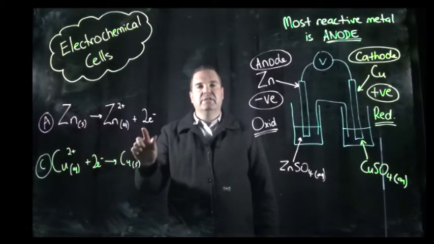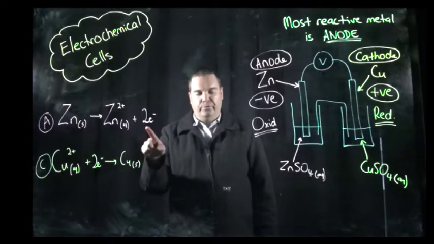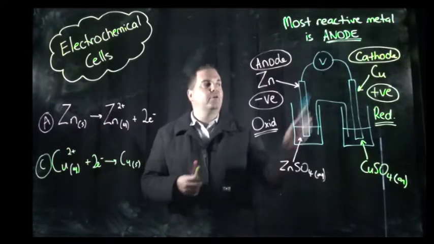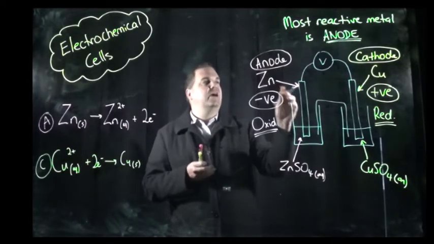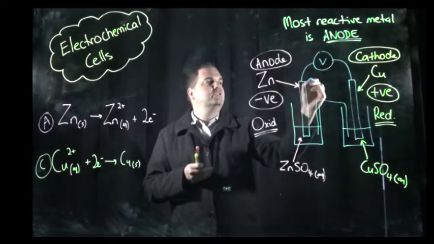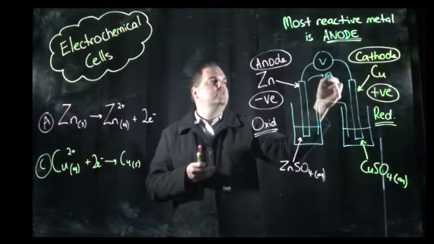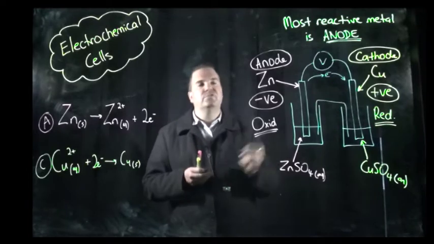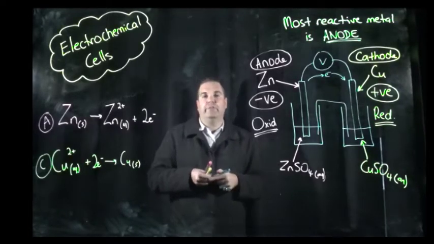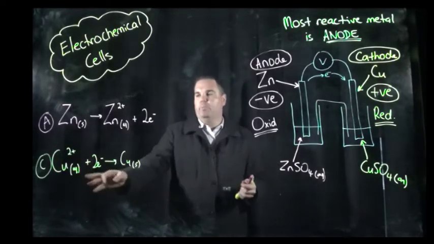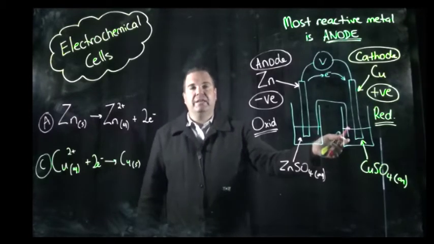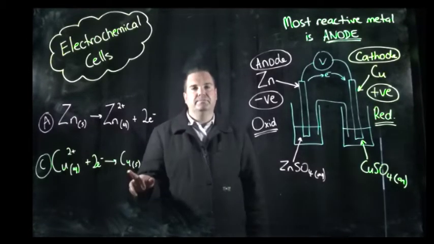The zinc is losing electrons. Those electrons travel through our external wire, flowing from our anode over to our cathode through the external wire in the circuit. The copper ions in solution down here are picking up the electrons to form solid copper.